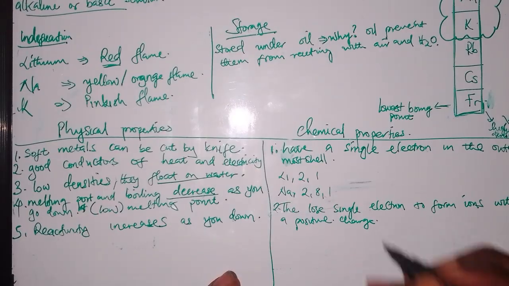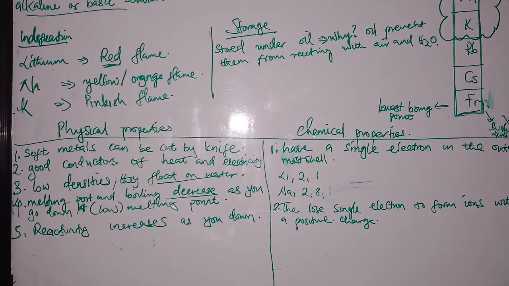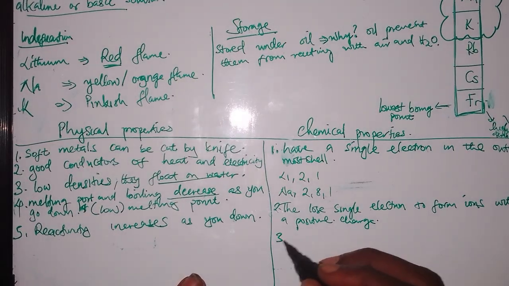Whenever a metal loses an electron, it becomes positive. Remember this. Then the next chemical property which you need to understand is that they react with oxygen.